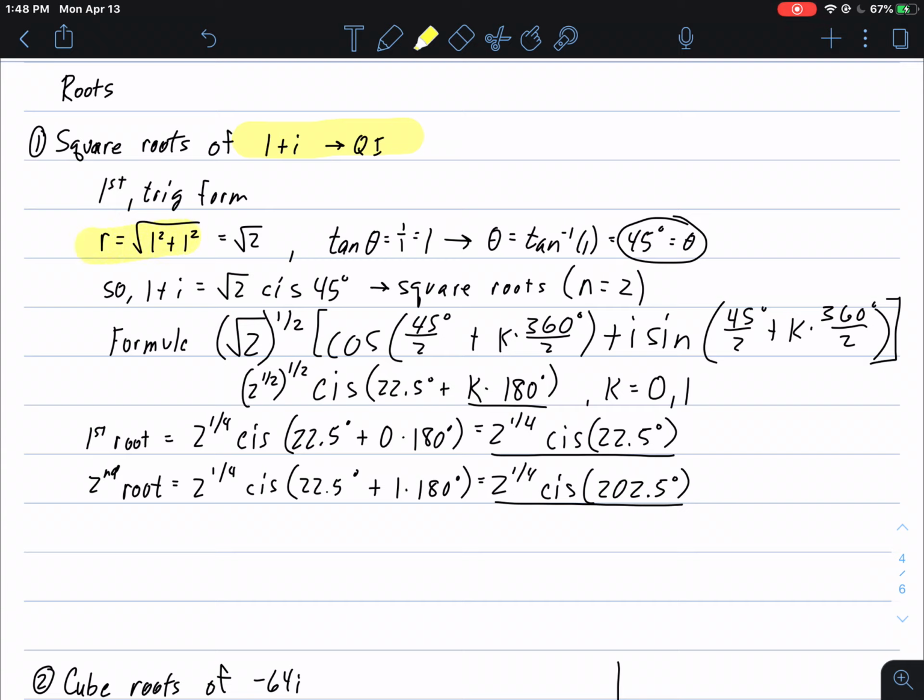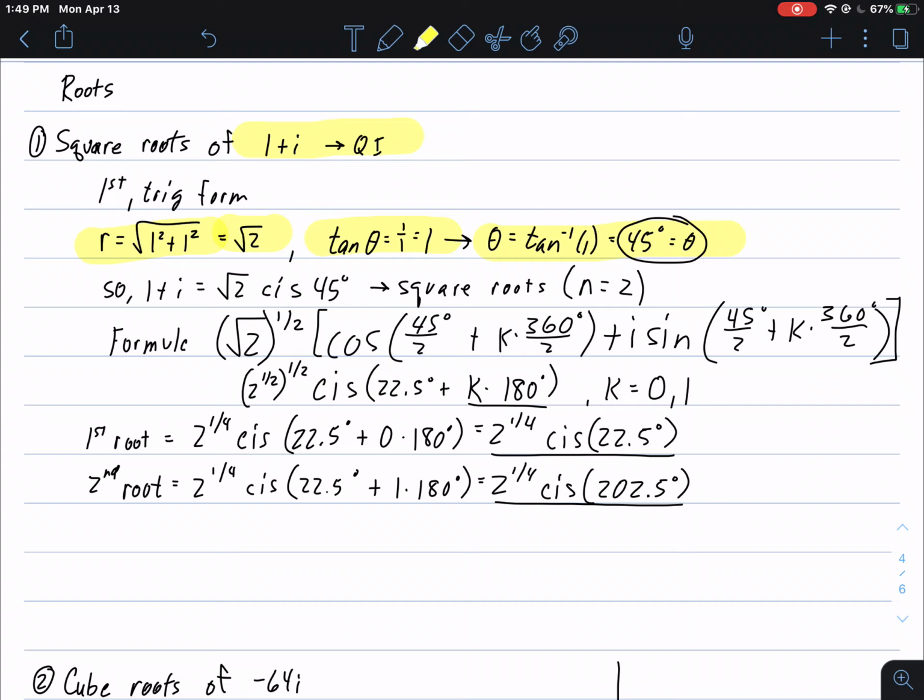So r in this case, with a and b both equal to 1, is the square root of 1 squared plus 1 squared, or square root of 2. I've got the tangent of theta, which would be 1 over 1, or 1. And so again, there's our 45-degree angle. The angle whose tangent is 1 in quadrant 1 is 45 degrees.